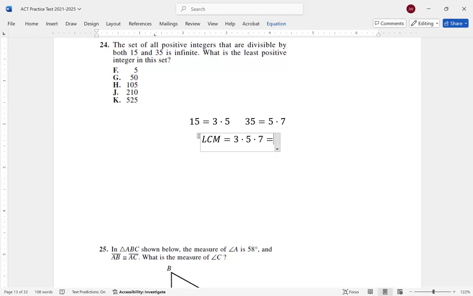So my least common multiple is the product of 3, 5, and 7, which is 105. That is the least positive integer that is divisible by both 15 and 35. You can divide 105 by 15, you can divide 105 by 35, and that's the smallest integer with both of those properties.